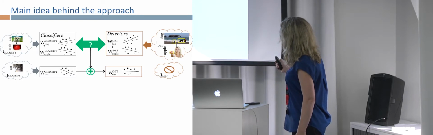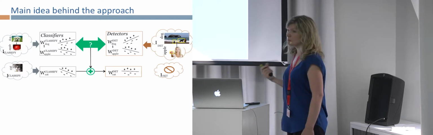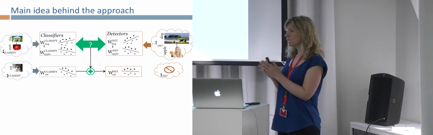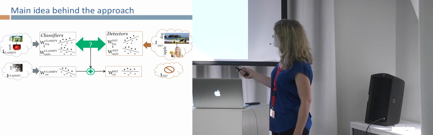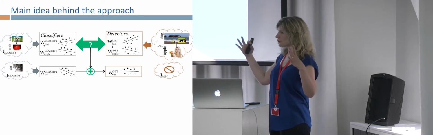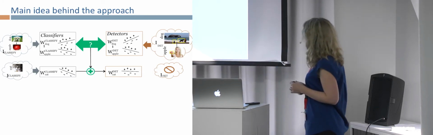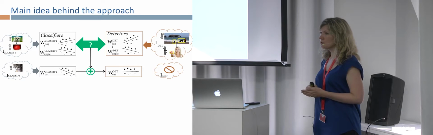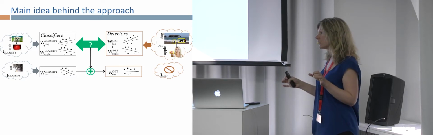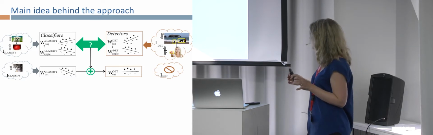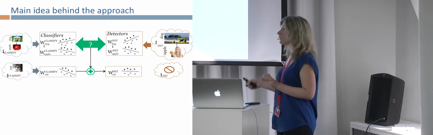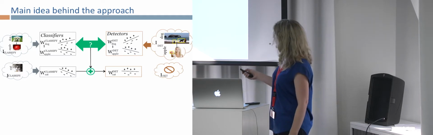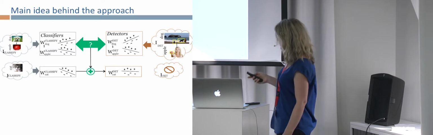For example, in detection, the image region can be quite small, and the object can be quite small, whereas in classification, it's usually a larger resolution image. Also, in detection, we want to be able to reject background images. So in addition to classifying into categories, we also want to be able to classify into background, so no category at all. And that's something we can't do with this classification data.